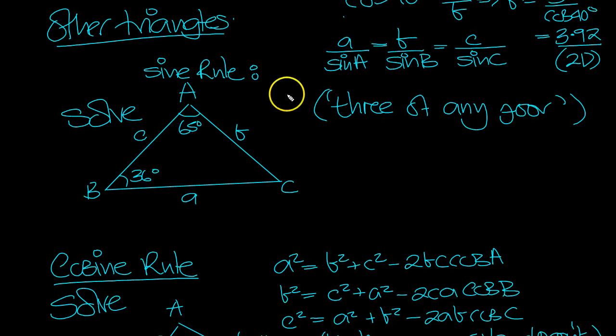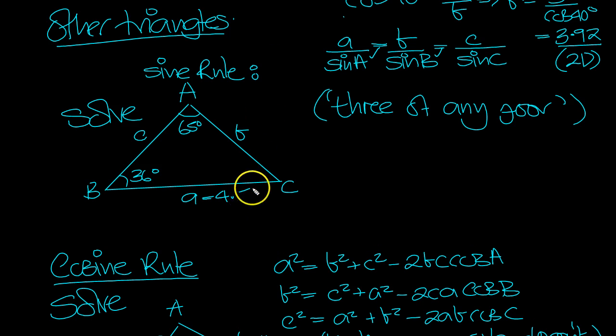We've got angle A, we've got angle B, so we know sine A, sine B, and we've got side, what have we got? We've got A equals 4.3 in this problem.